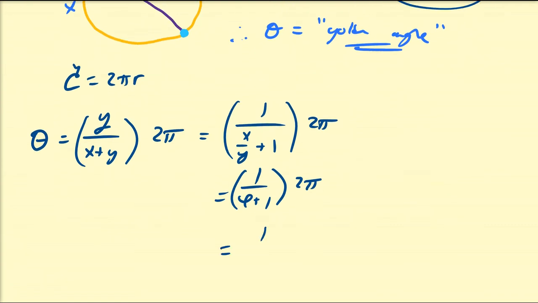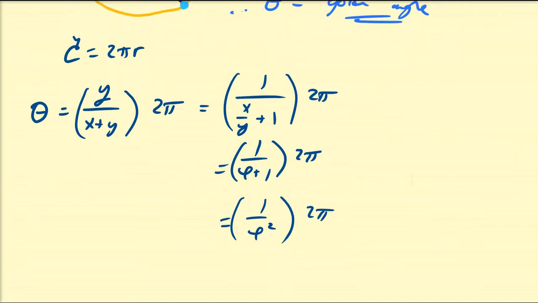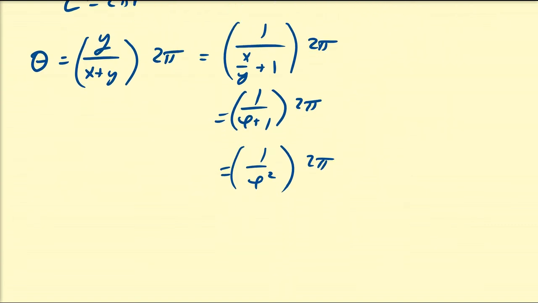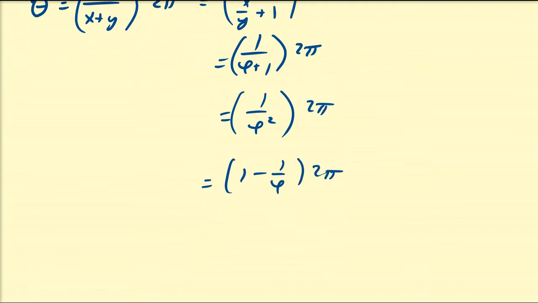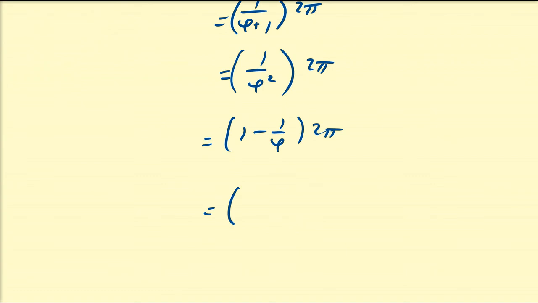So phi plus 1 is equal to phi squared. We already proved that, right? And 1 over phi squared is the same thing as 1 minus 1 over phi. No big deal there. So we know 1 over phi is the same thing as phi minus 1, right?